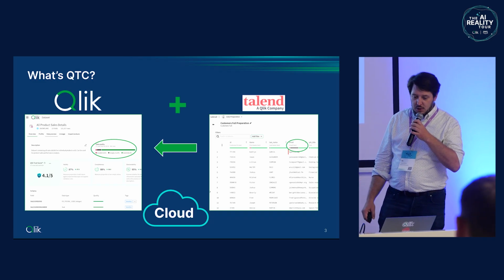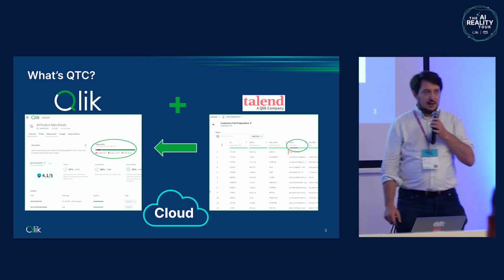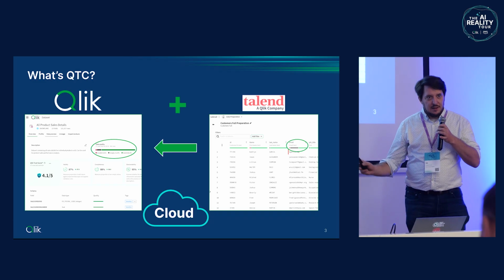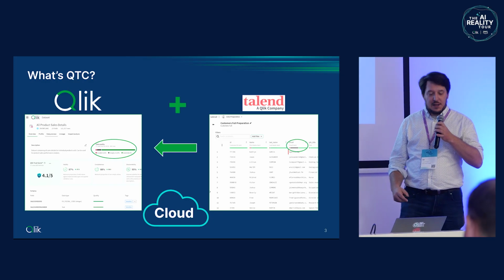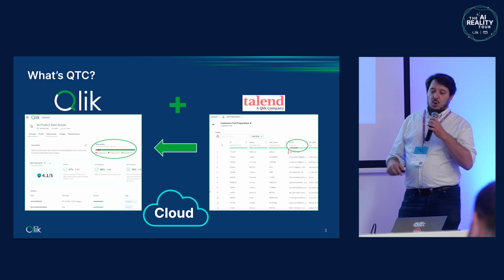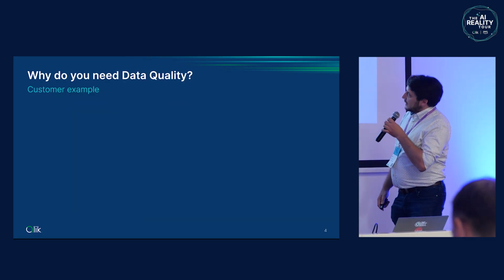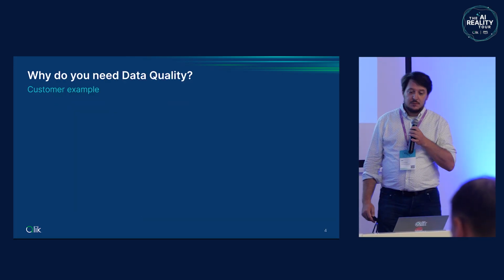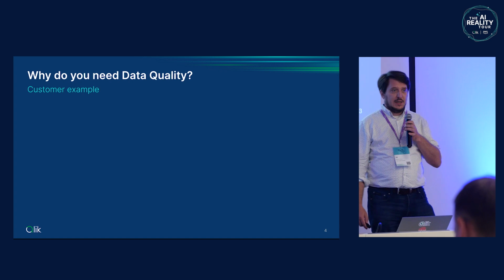Some years in the future, I think everything will be taken over, Talend Cloud will be terminated, and you only have Qlik Talend Cloud. But right now, if you want to really look at data quality and improve it, you have to go for Talend.